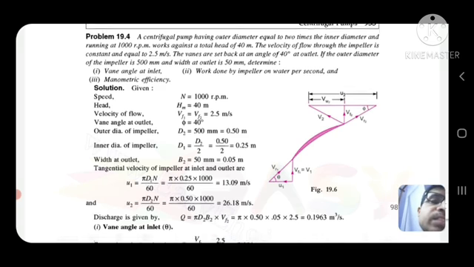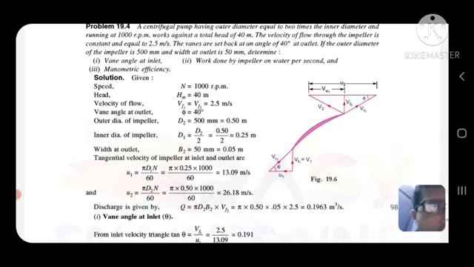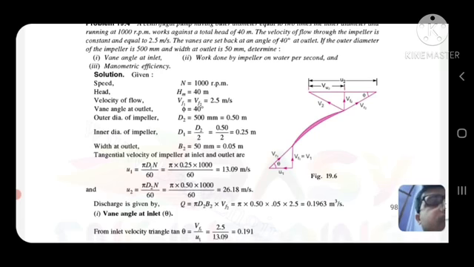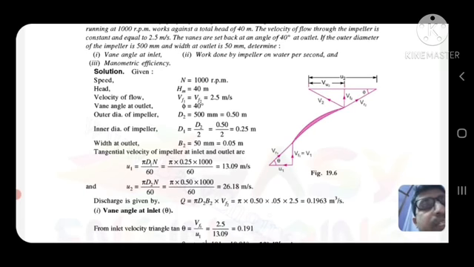The vanes are set back at an angle of 40 degree at outlet. If the outer diameter of the impeller is 500 millimeter and width at outlet is 50 millimeter, determine the vane angle at inlet, work done by impeller on water per second, and manometric efficiency.